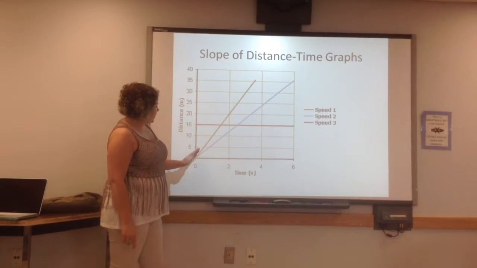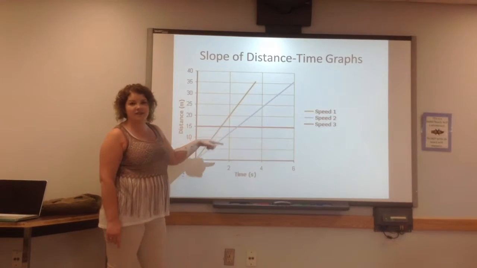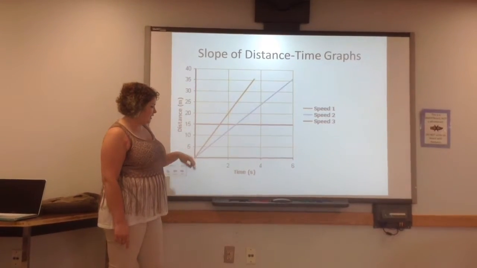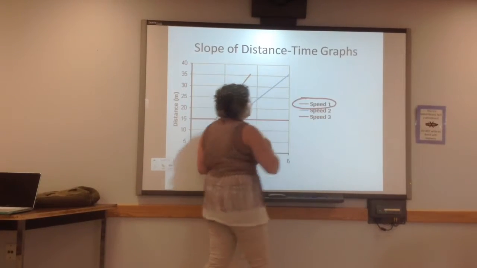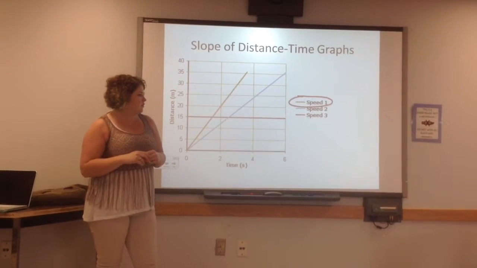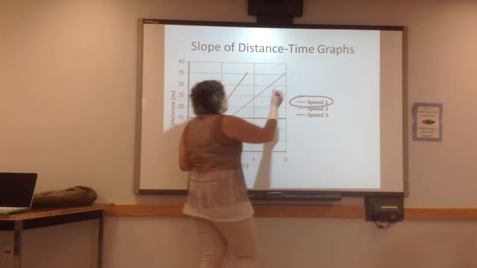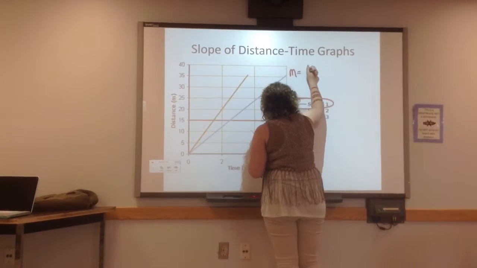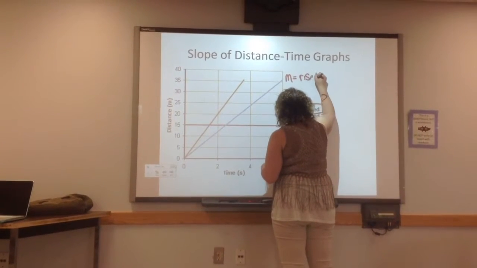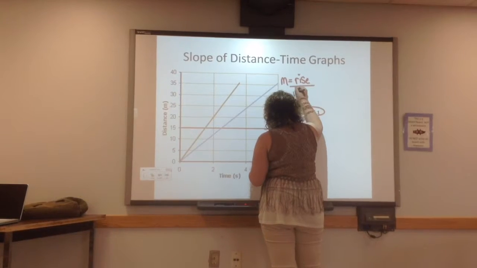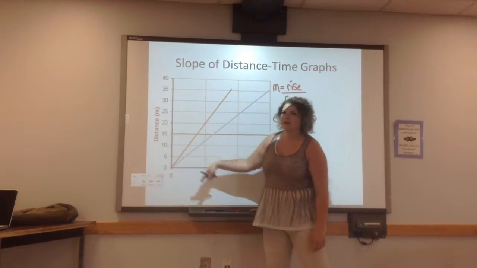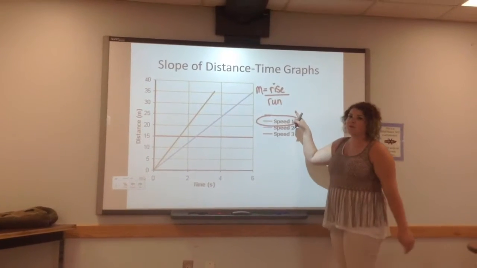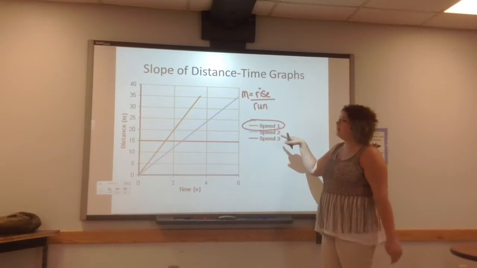So if we were to find the slope of a distance-time graph, that gives us speed. And one way to remember that is if we put our units of measure into this formula, we'll actually get the units for speed.